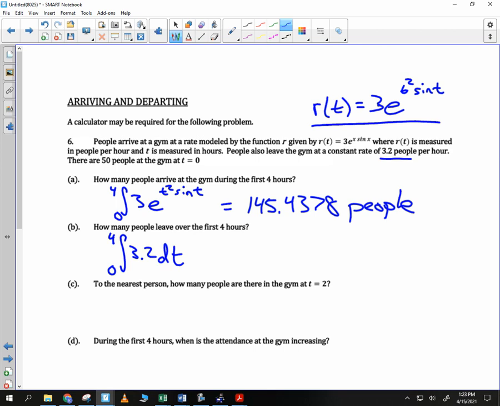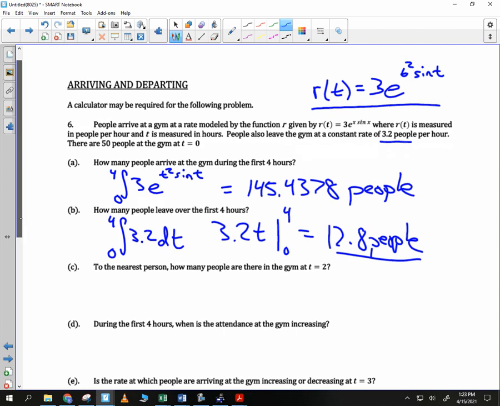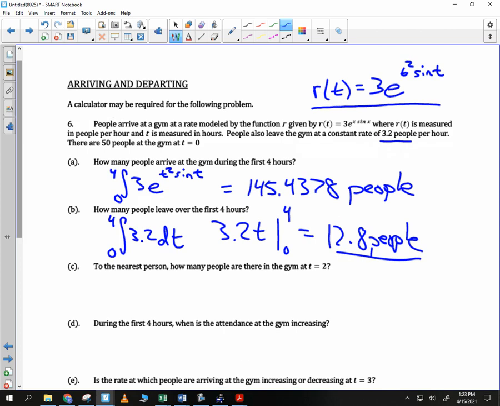Can somebody tell me what the antiderivative of 3.2 is? 3.2t. And I evaluate it at 4 and at 0. And you get, as you said, 12.8 people. Is everybody okay with that?